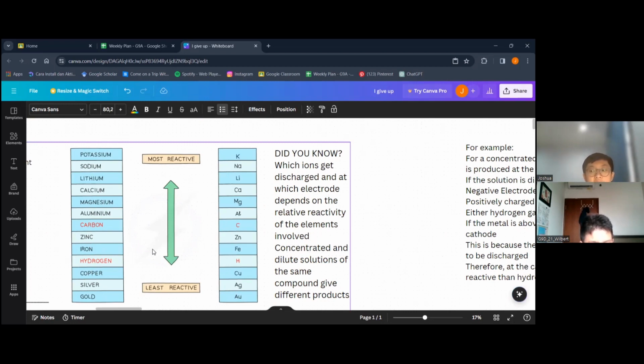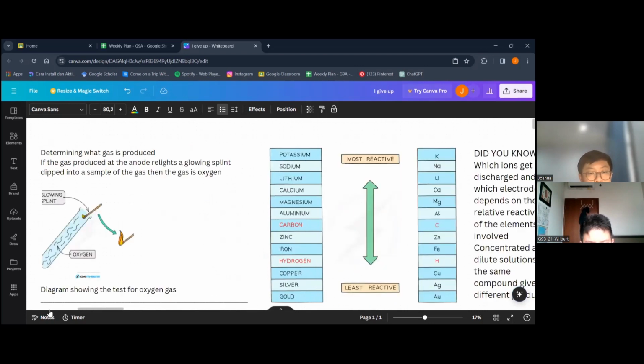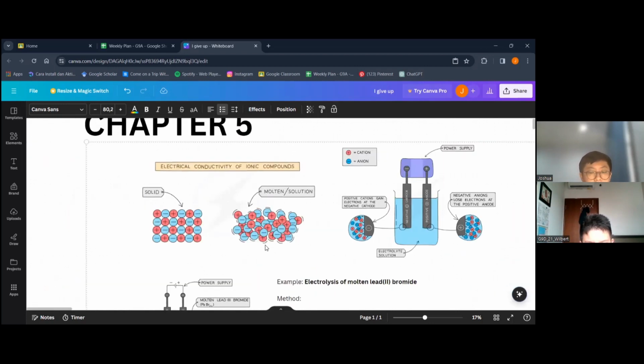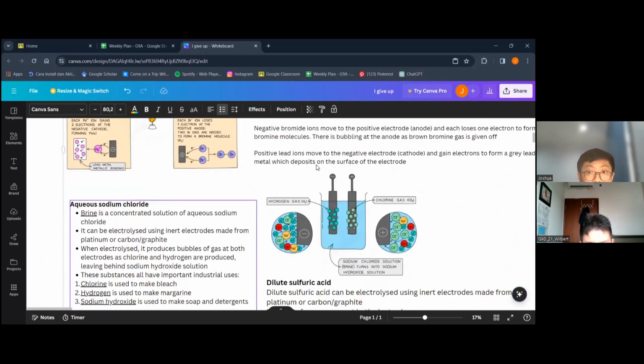H+ is hydrogen and OH- is a hydroxyl group. So the least reactive metal will be electrolyzed. As you can see, sodium is one of the most reactive and hydrogen is much less reactive. So hydrogen will actually be electrolyzed instead of sodium. That's why there's hydrogen here.